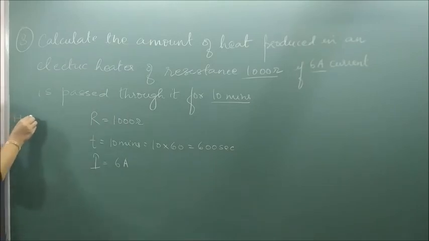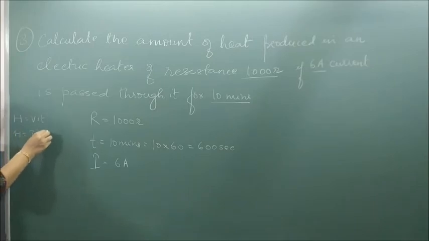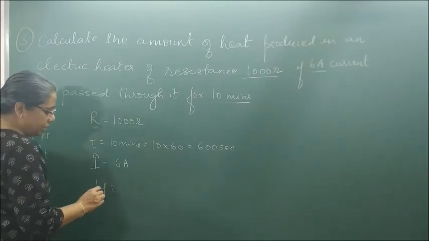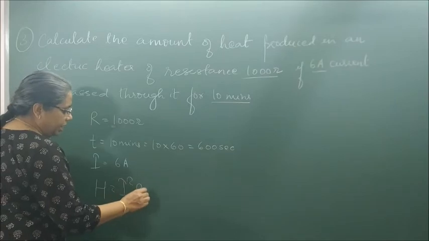H is equal to VIT, H is equal to I square RT, H is equal to V square by R into T, which we know. I have I, I have R, I have T. The formula to be used is H is equal to I square RT.